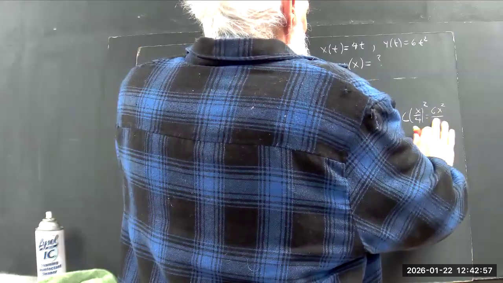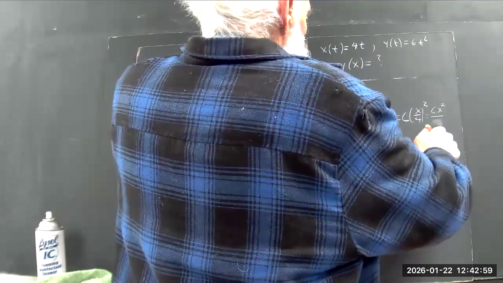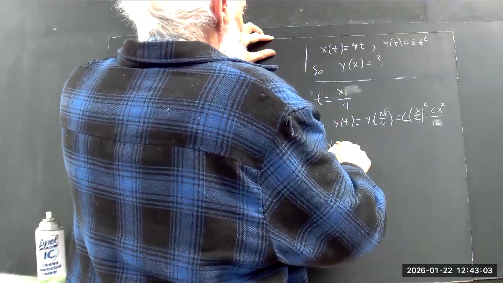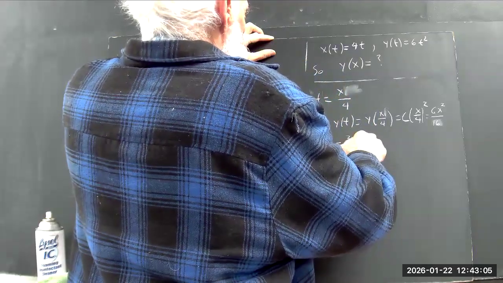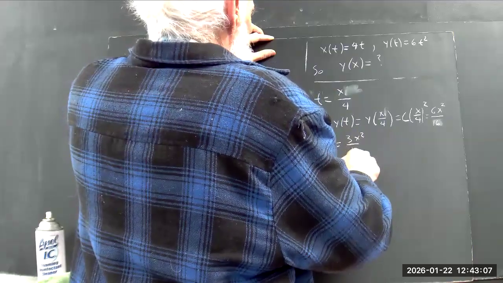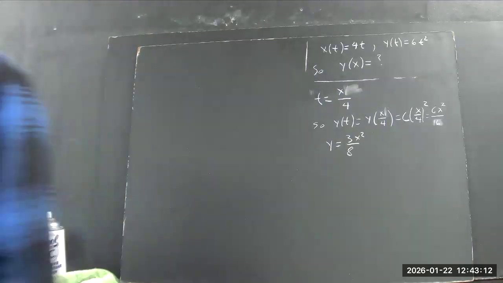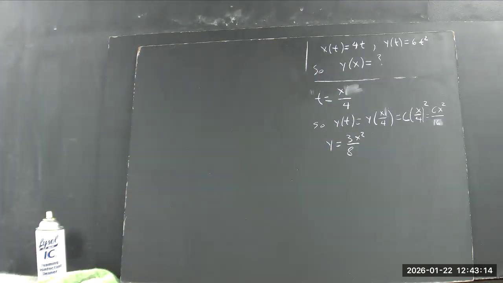No, wait. 16. So y equals 3/8 x squared, 3x squared over 8. Now, make sure I did that right.